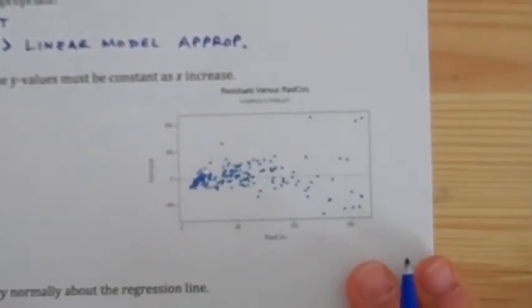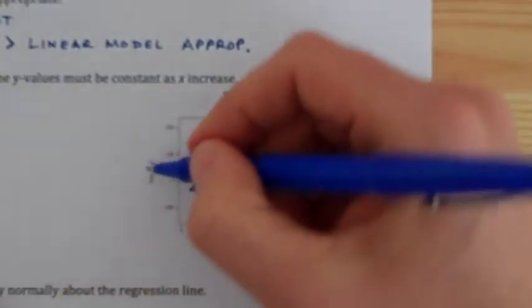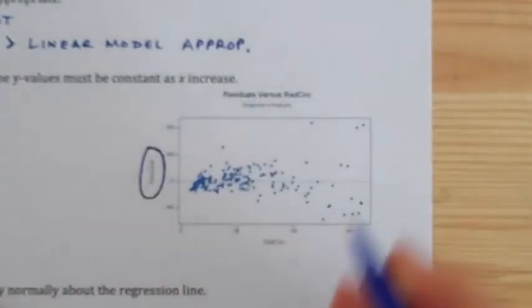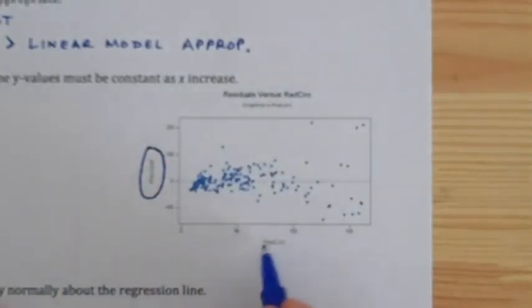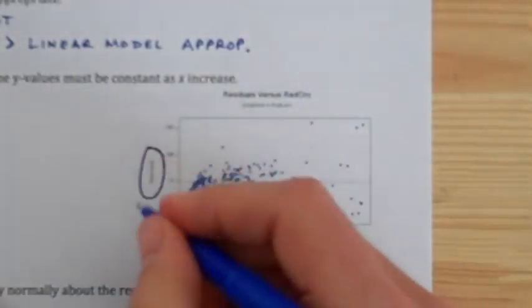And the best way to explain this is to show you an example where it doesn't work. I took the residuals for a different set of data and compared them to the x values. So the residuals measure the standard deviation of y.